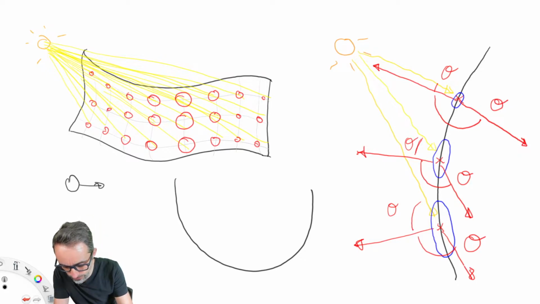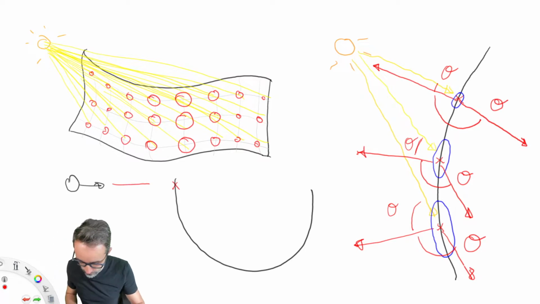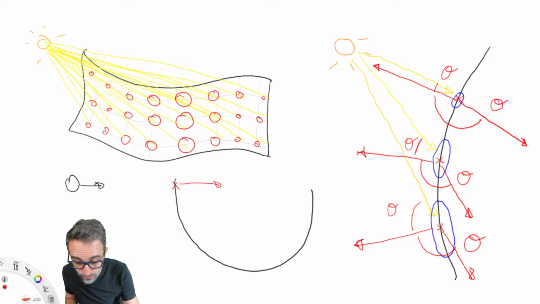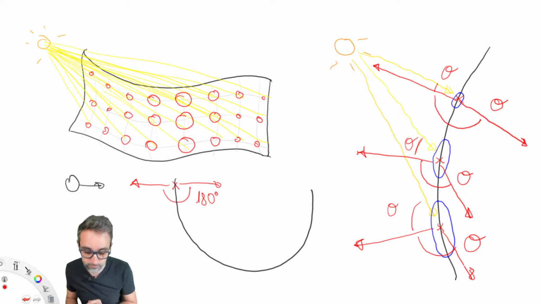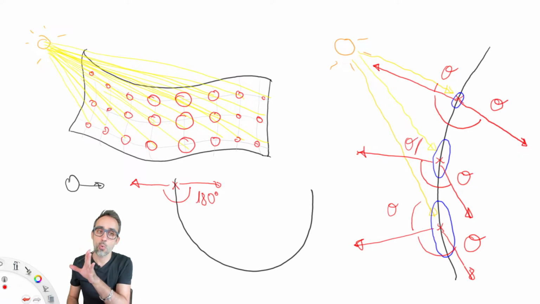Well, if we have a point here on this facade, and the sun is hitting this way, then the incidence vector looks something like this. So that's the vector. And then we have here the normal vector sticking out, so the angle is going to be 180 degrees. Okay? So that is the worst condition that we can have, which is when the sun is hitting exactly the facade in the most frontal way.